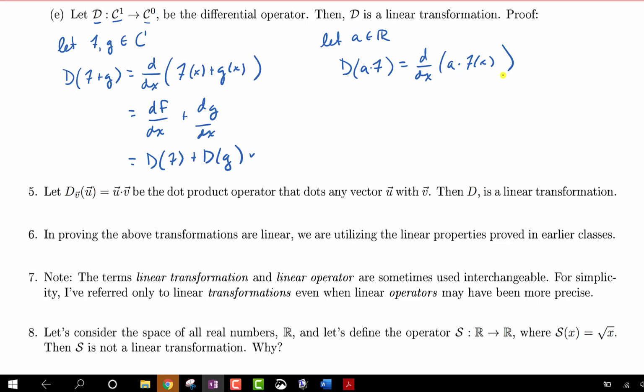But what did we learn in one variable calculus? That derivatives behave linearly in this regard, so we can factor the a out. That leaves us with a times d dx of f of x. But that is simply a times our differential operator applied to f. So this step with the previous step shows that D is a linear transformation.